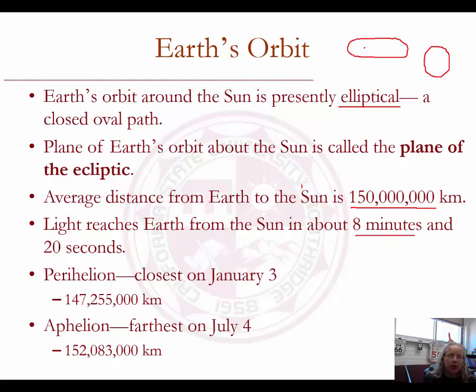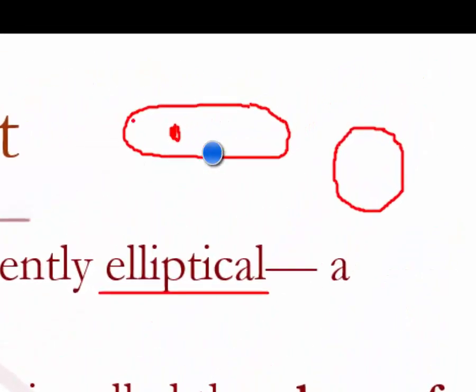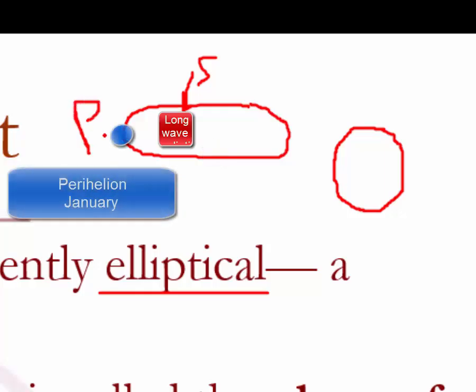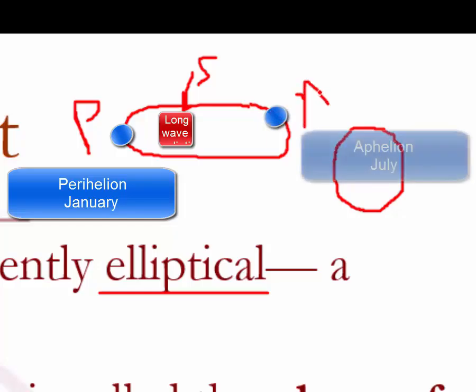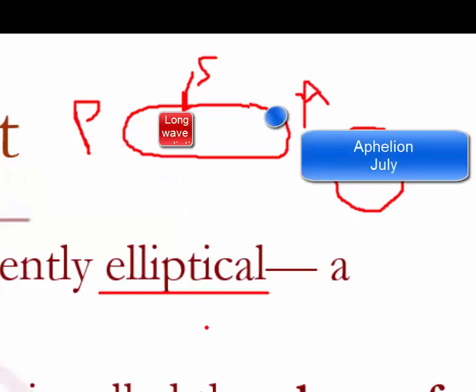Now, sometimes, and I'm going to exaggerate this in the drawing up here, this is the sun, and the Earth is going around this plane of the ecliptic. We are at perihelion in January, and we are at aphelion in July.